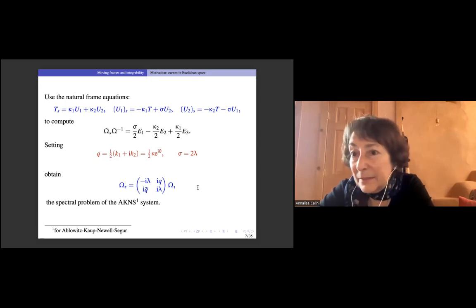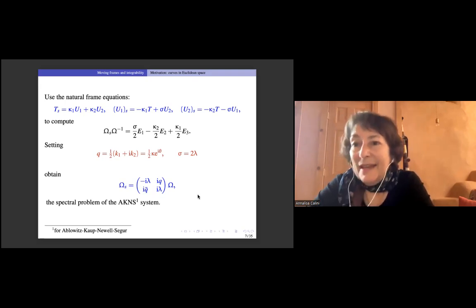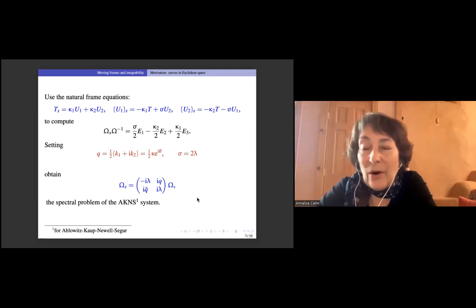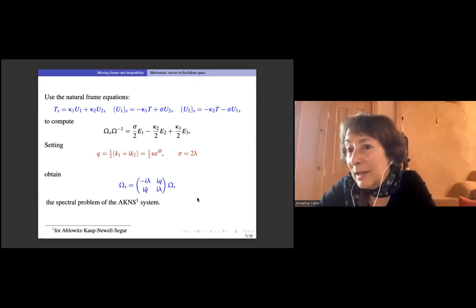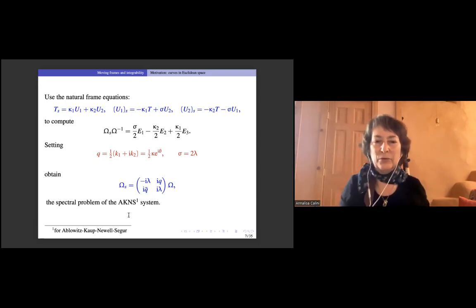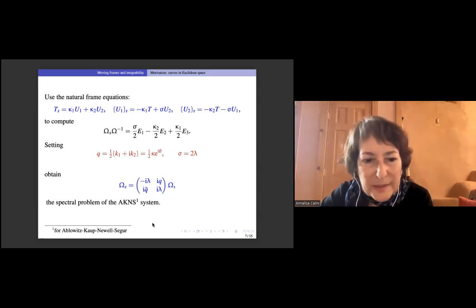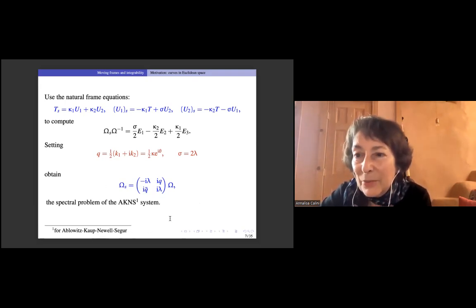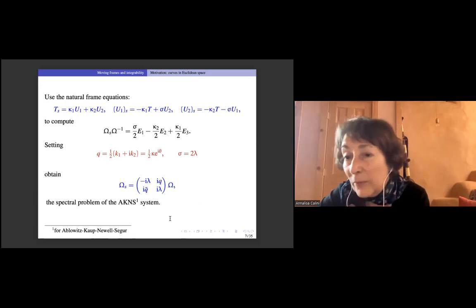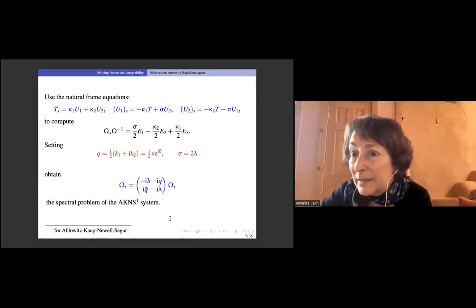And this is nothing but the AKNS system, which is the spectral problem of the nonlinear Schrödinger equation and various other equations. If you don't know this system, it is named after Ablowitz, Kaup, Newell, and Segur, who wrote it down when studying and uncovering the integrability of the NLS equation.